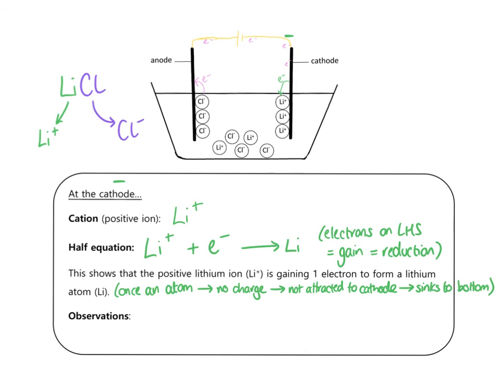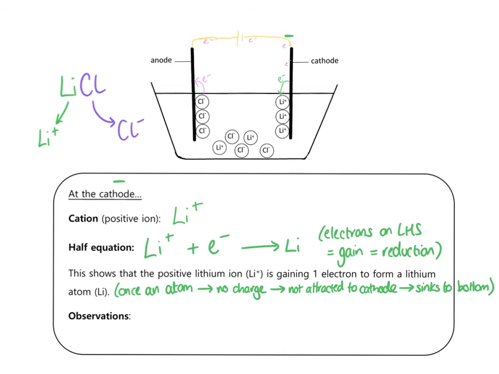Once they have done that, they no longer have a charge, and if they're not charged, they're not going to be attracted to the electrodes anymore, because we remember that the anode is positive, the cathode is negative, and the reason why the ions are attracted to them in the first place is because the ions have a charge and they're attracted to the oppositely charged electrode. But if we take, for example, our lithium ions here, once they gain an electron from the cathode, they form a lithium atom. That lithium atom has no charge, and so therefore it's not attracted to the cathode anymore, and so it sinks to the bottom. And that's why we see the observations that we do.